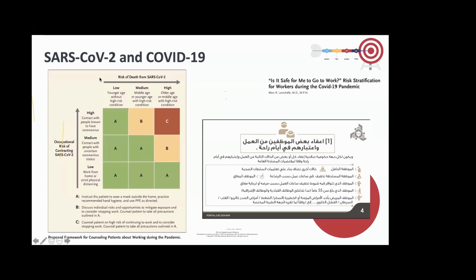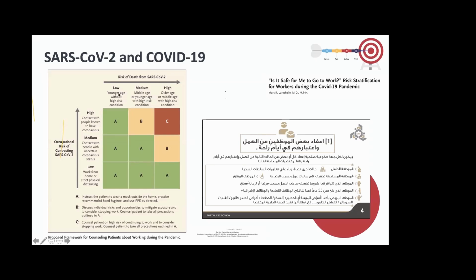And it does have two axes. One axis looks at your occupational risk for contracting SARS-CoV-2. So either you are working in an office and administrative, you don't deal with patients, or you're working from home, your risk is very low, or you are contacting people who might have COVID-19, then your risk is medium, or you are actually taking care of COVID-19 patients and your risk is high.